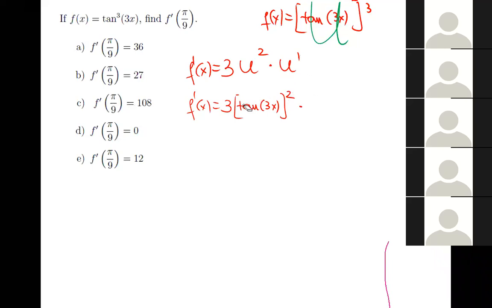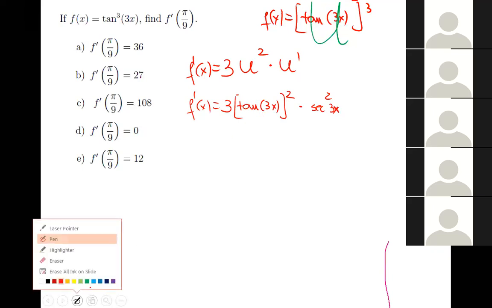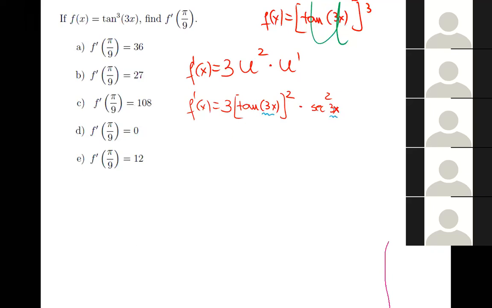Who can tell me what's the derivative of tangent? I hope you didn't fall asleep after this whole intermediate value theorem. The derivative of tangent is secant squared of x. I believe that's squared, right? Secant squared, but I can't just put x. I have to copy exactly the same angle that tangent had.